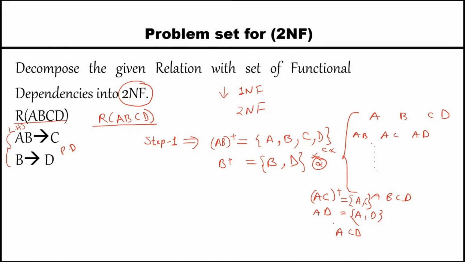ACD gives only A, C, and D, so it is not a candidate key, because B is missing. And if you compute ABC, that will be a superset of AB, so it will be a super key. We are not interested in super keys, only in candidate keys.